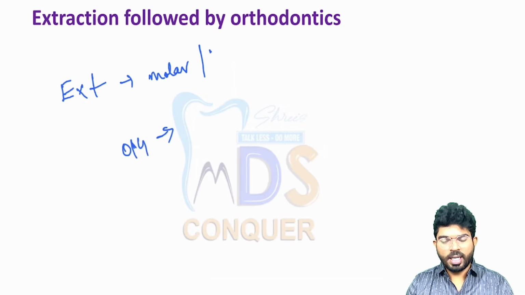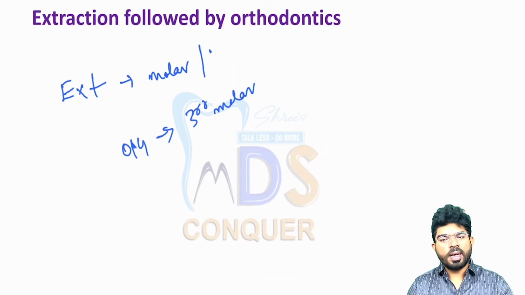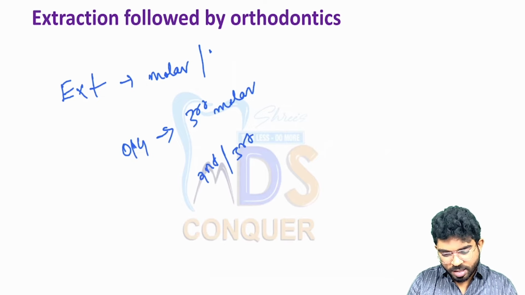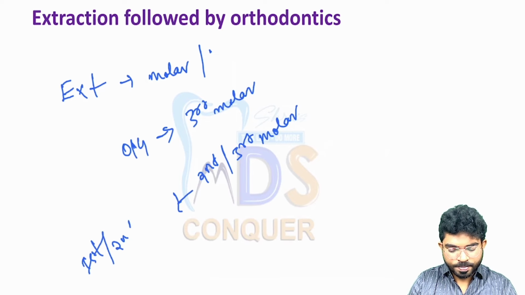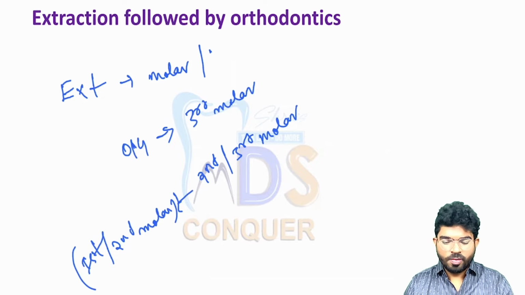So an OPG has to be taken and the existence of third molars has to be confirmed. Then you extract the first molars and replace their positions with the second and third molars by orthodontic treatment. This is what extraction followed by ortho is.